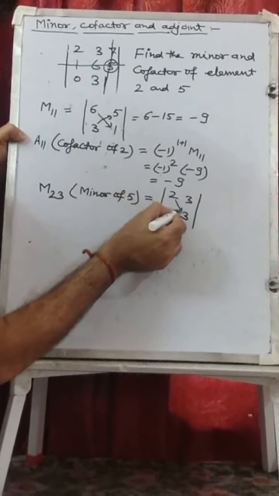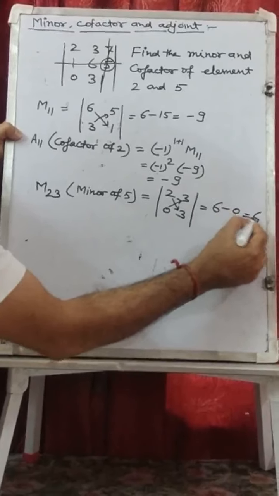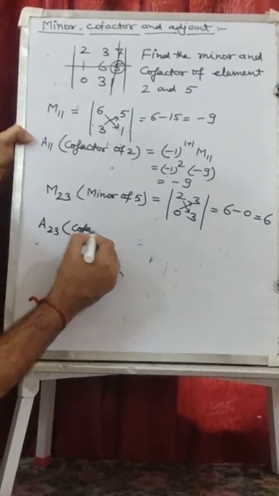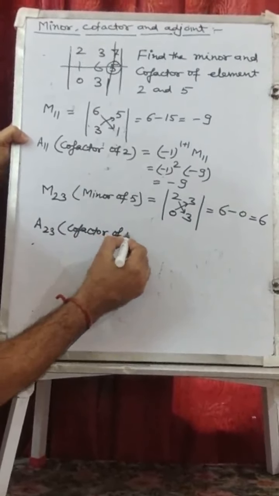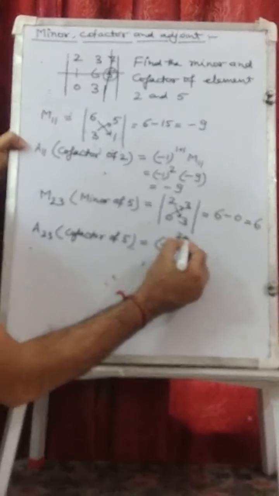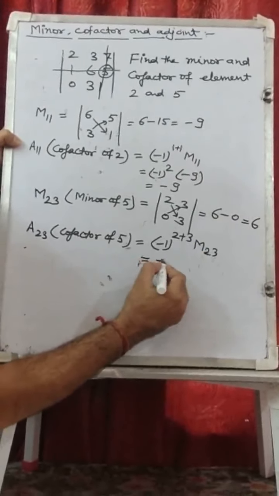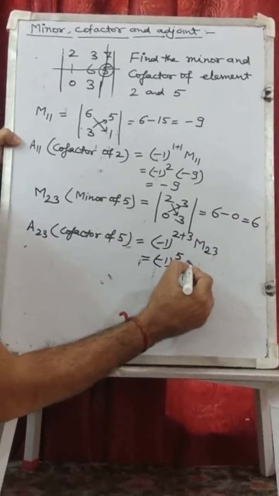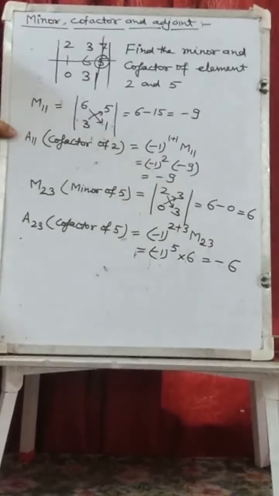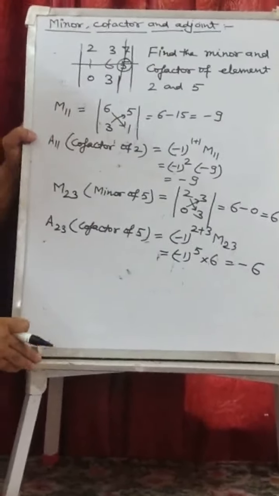This equals 6 minus 0, equal to 6. Means A23, the cofactor of 5, is equal to minus 1 raised to the power 2 plus 3 times M23. So this is minus 1 raised to the power 5 times 6. This equals minus 6. In this way we can find the minor and cofactor of all the elements of any determinant.